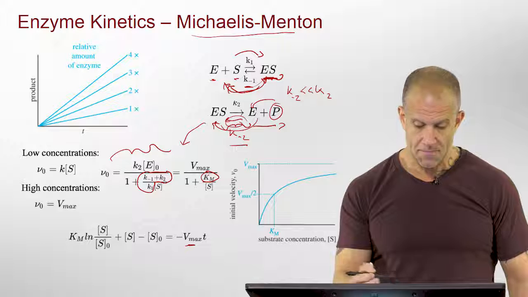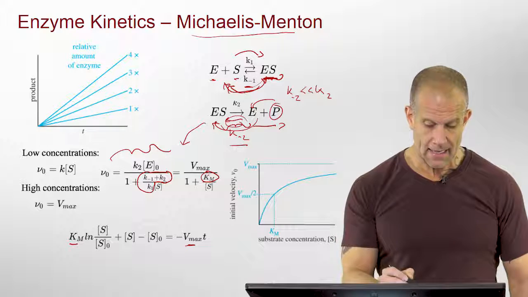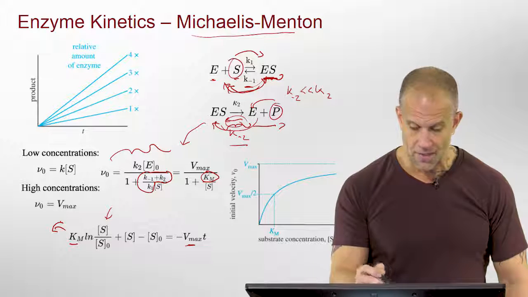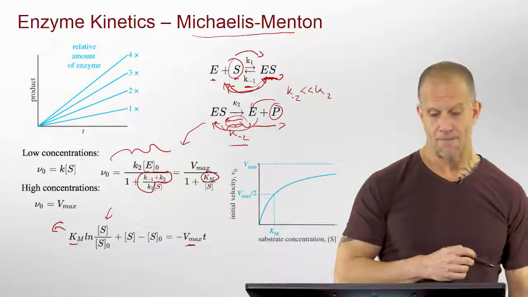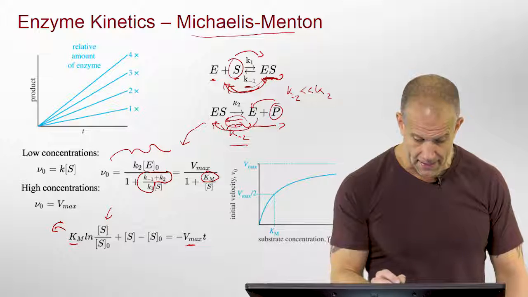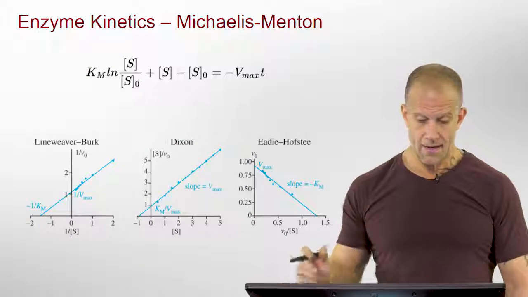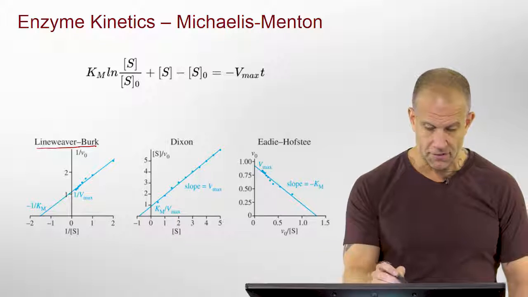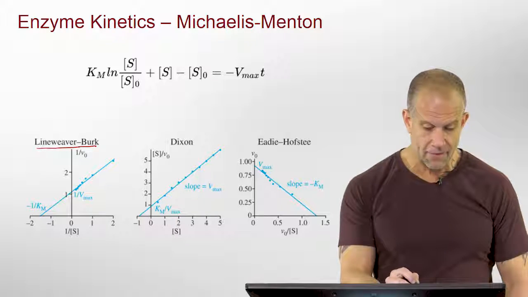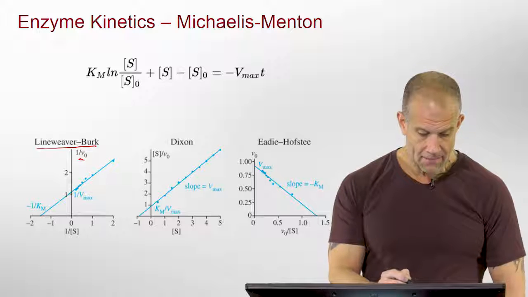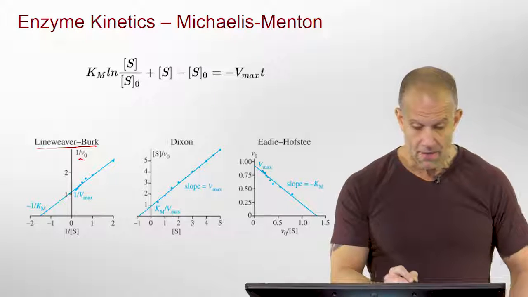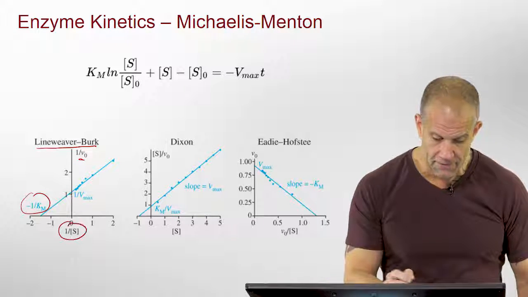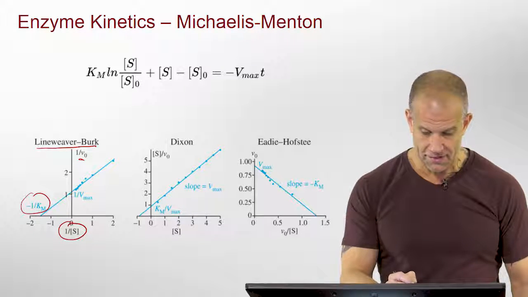Its maximum velocity and its Michaelis-Menten constant are usually what we're looking for, versus the substrate concentration you're starting with. There are several ways to look at this because it is complicated. The most common, which we show here, is to plot the inverse of the velocity versus the inverse of the substrate concentration.